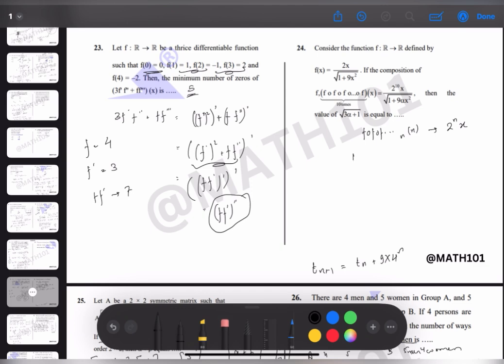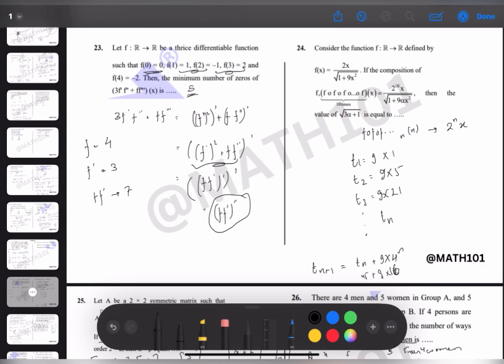Which gives us t1 equals 9, t2 equals t1 plus 36 is 45, t3 is equal to t2, 45, plus 9 into 16, so 9 into 21. So this is 9 into 1, this is 9 into 5, this is 9 into 21, and so on.